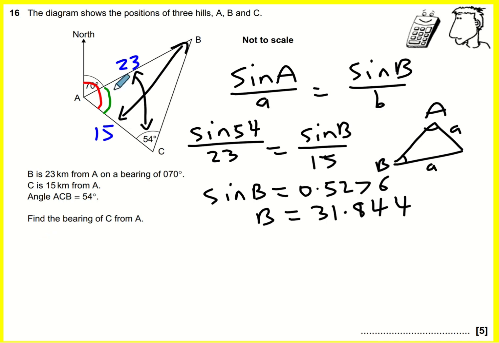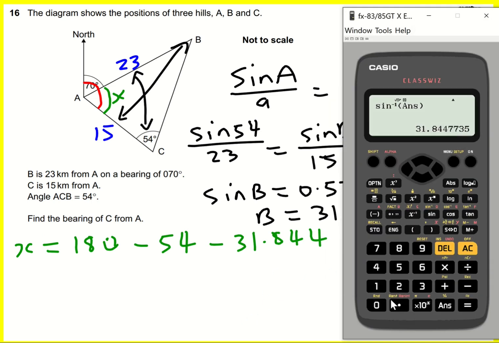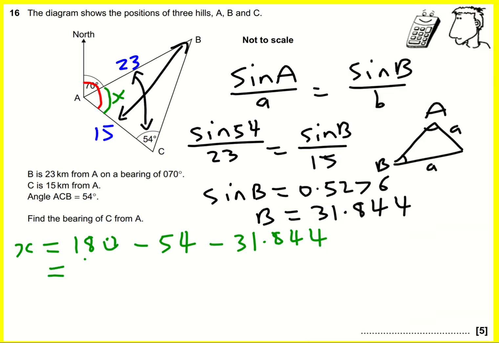So I'll call this X. X will equal 180 degrees minus 54 minus 31.844. 180 minus 54 minus answer, which is stored, which is 94.155.